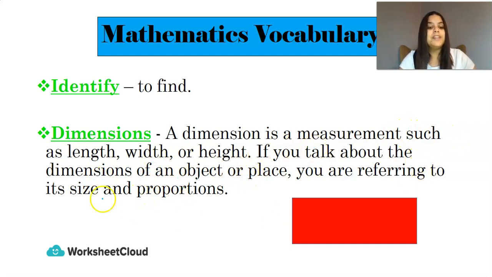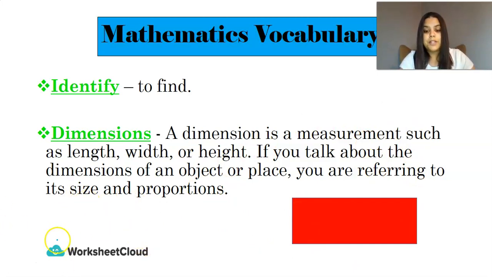If you talk about the dimensions of an object or place, you are referring to its size and proportions. So to explain this to you, I have placed a shape here on the screen. And dimensions, like they say, it's a measurement, okay, such as length, width, or height. So in this shape, there are only 2 dimensions, okay?